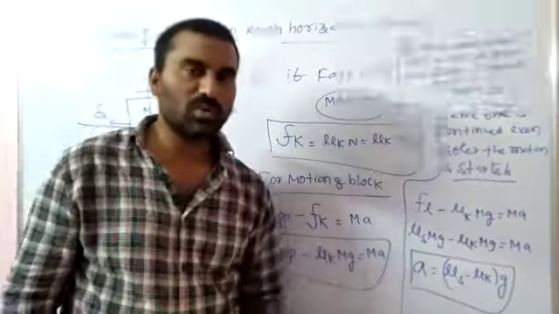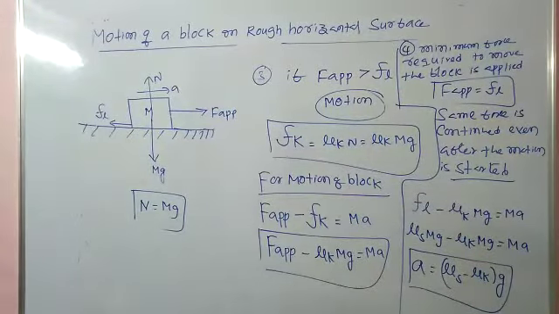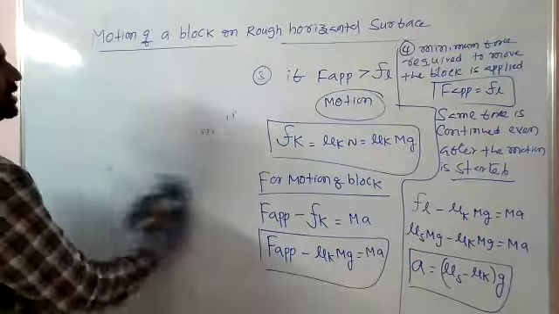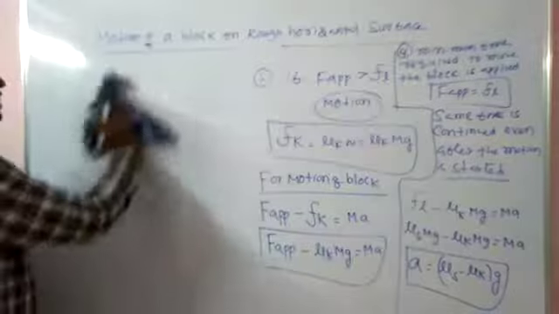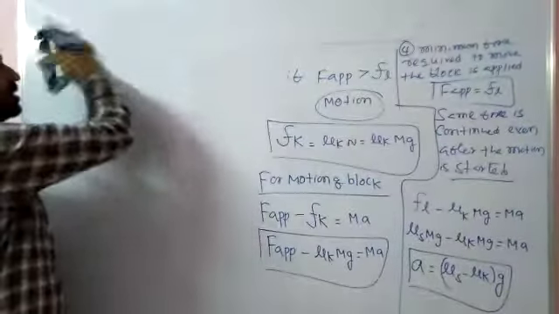Mu s minus mu k into g. Note down all this. This is about the motion of a block on a rough horizontal surface.